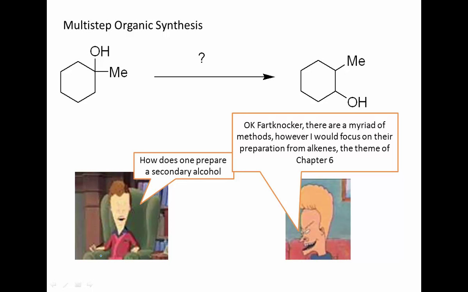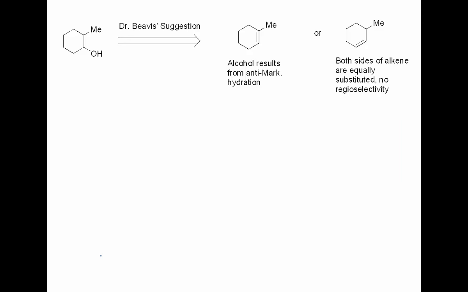Okay, so we're going to have a little bit of guidance here for you in that we're probably going to emphasize reactions that we're talking about in the chapter that we're looking at. So this is the alkene chapter. All right, so let's think about how we can use alkenes to interconvert these two compounds.